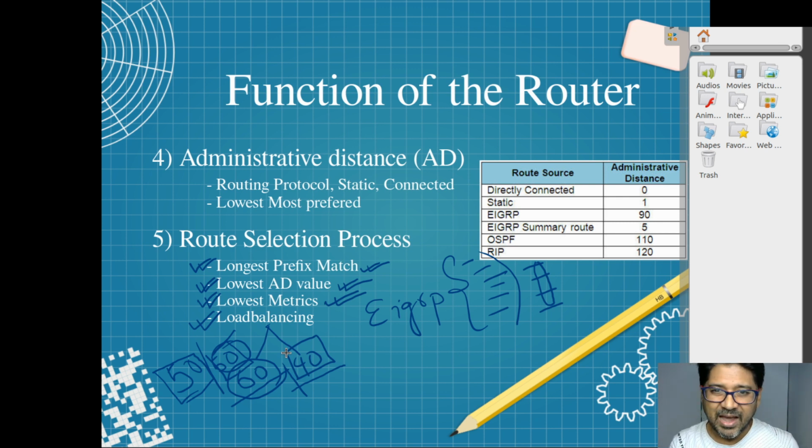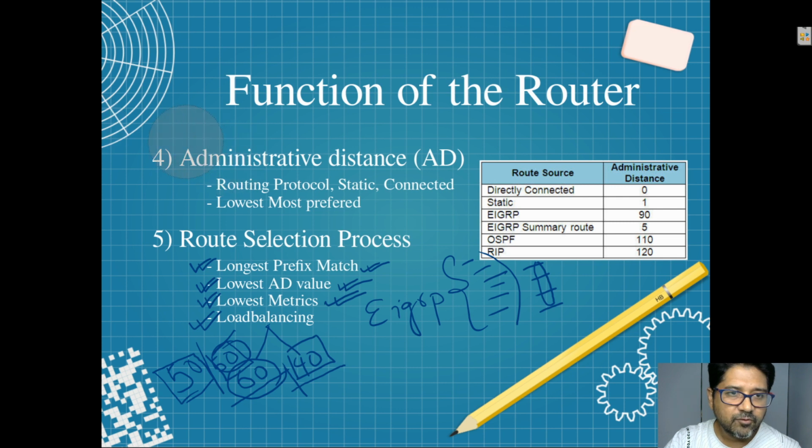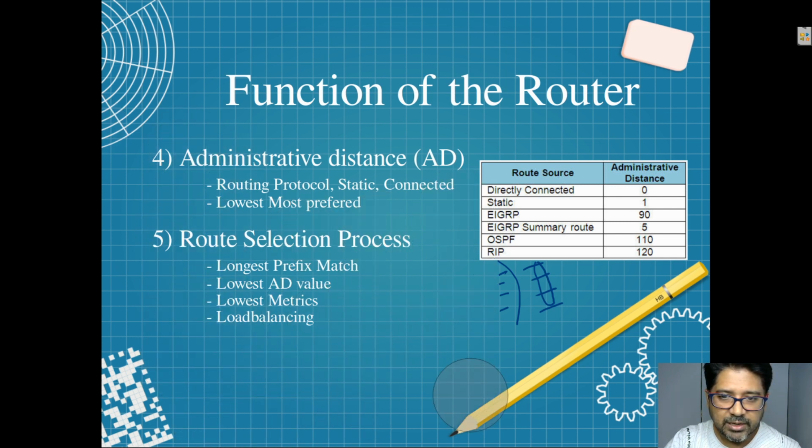So we will see unequal load balancing, and we will do the lab while we proceed with EIGRP. By this, we have completed all five basic functions of a router.